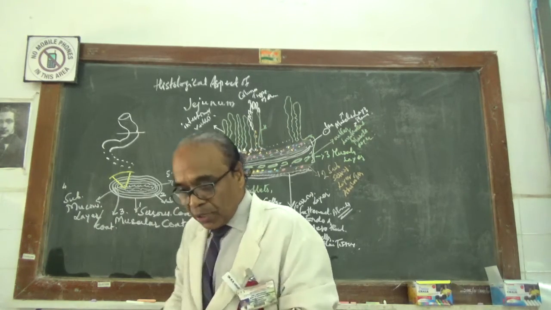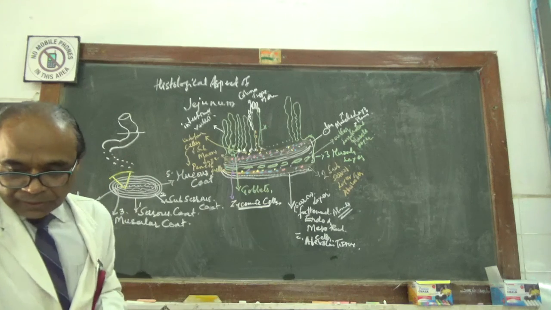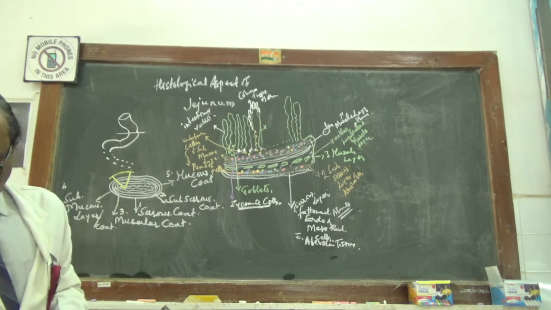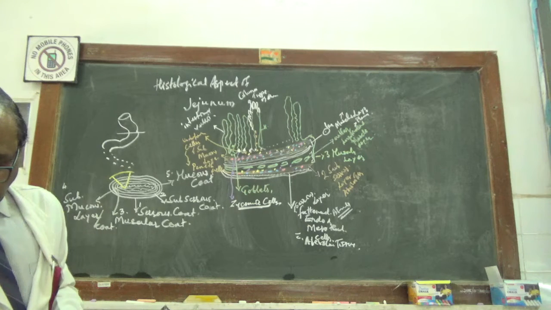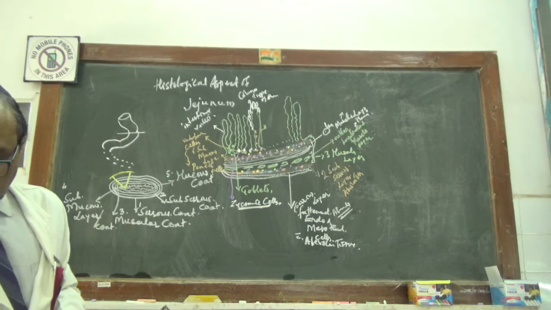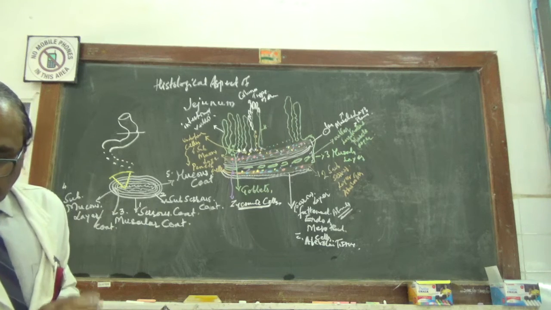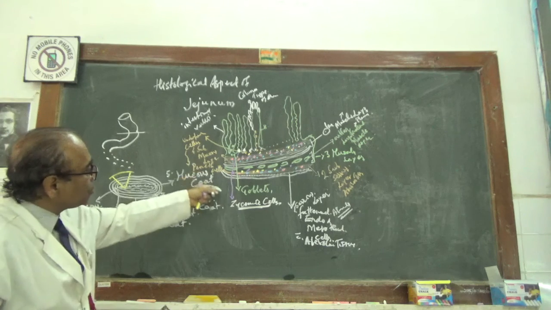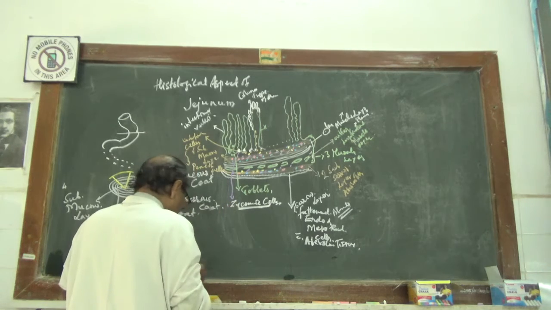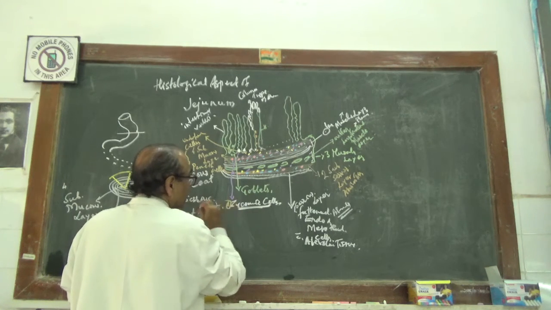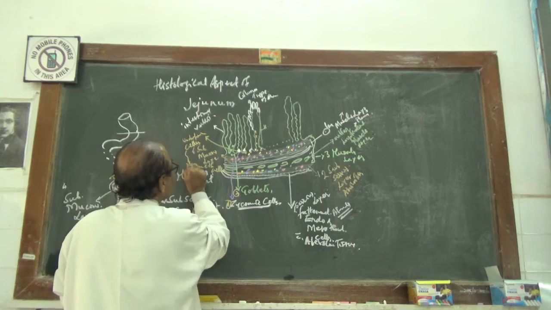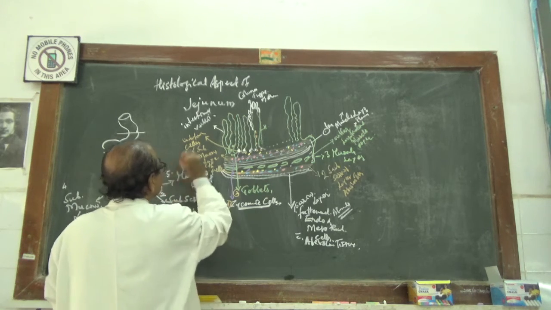Then further, those cells, either the zymogenic or the goblet or the undifferentiated, which are said to be Paneth cells.